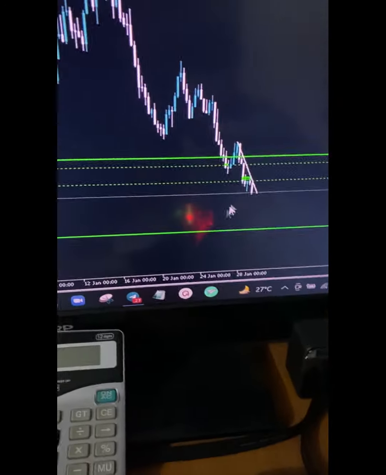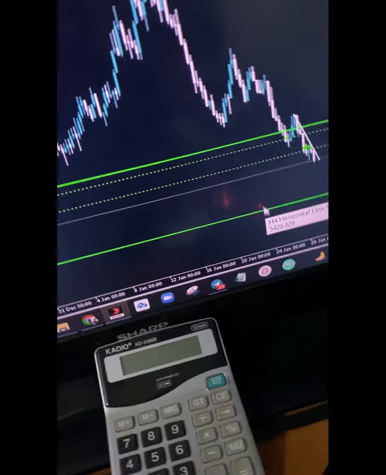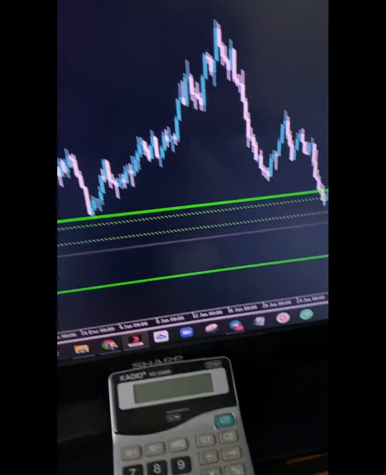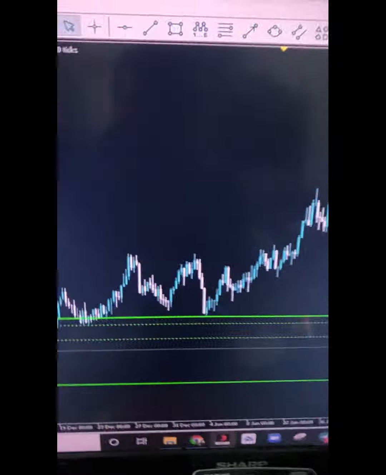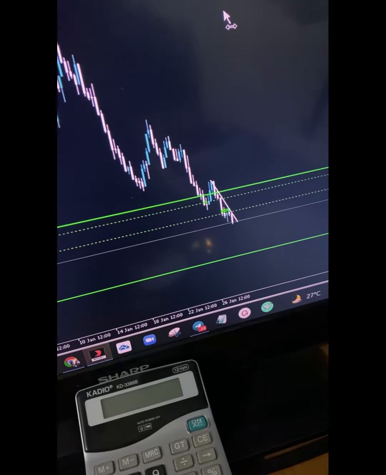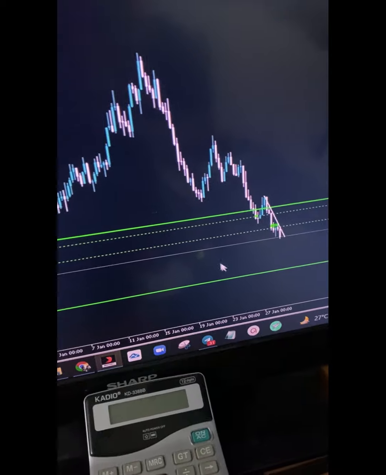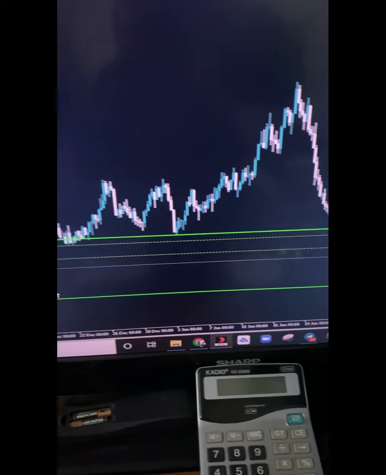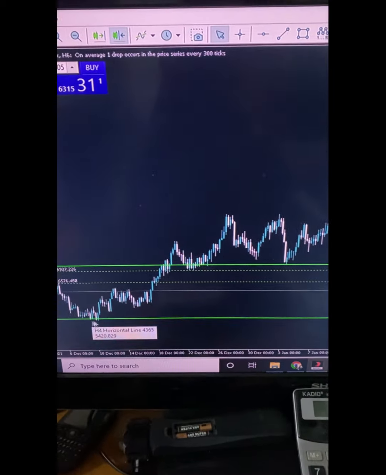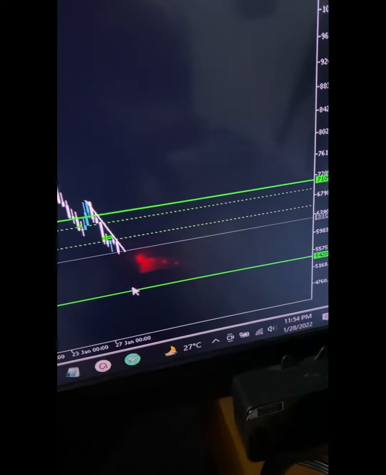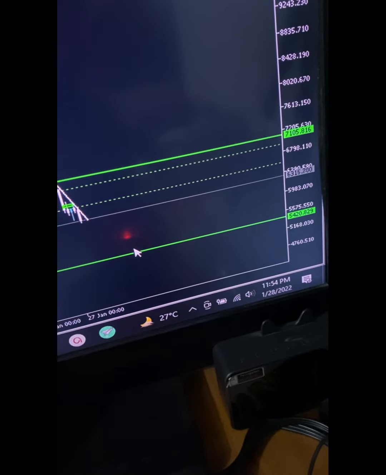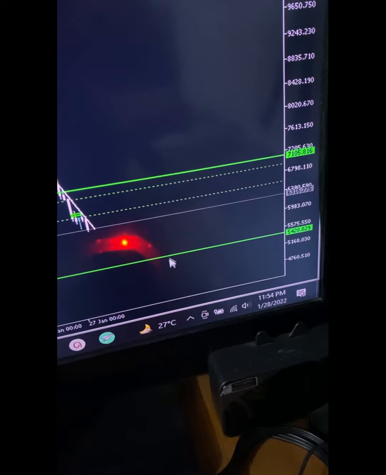But I just want to show you guys something. Currently, as you can see, I'm on this trade, and this is the 6-hour chart. I'm viewing through the 6-hour chart because I want to know where my take profit is actually going to be, which is on this 5420 zone.